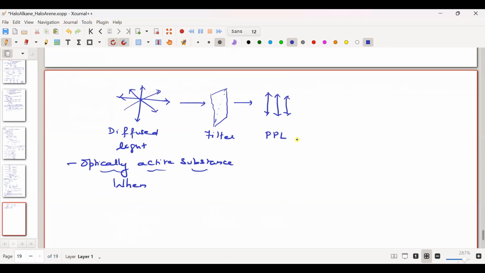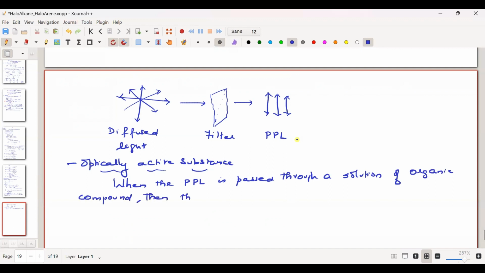We say that when the plane polarized light is passed through a solution of organic compound, then the light may either rotate either clockwise or anti-clockwise.